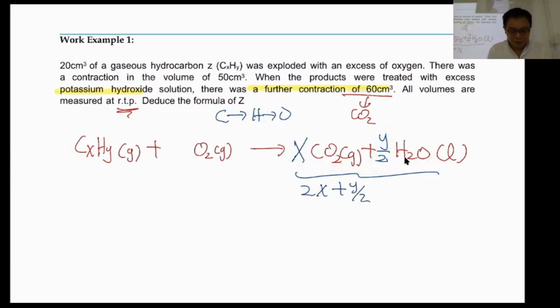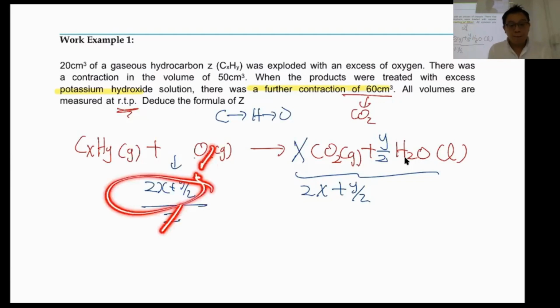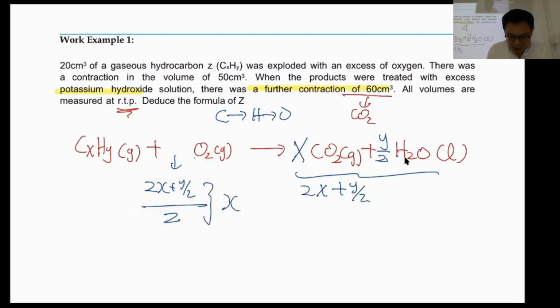Can I find out the value of oxygen? Definitely. This is 2x plus y over 2 because I need this amount. But there's a 2, so you divide by 2. Because you divide by 2, you cancel away and you get this back. But I want to simplify it. So to simplify, this will become x plus y over 4. That's how you can derive a solution.